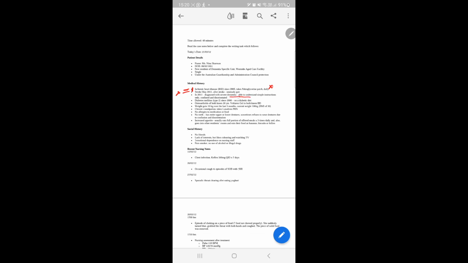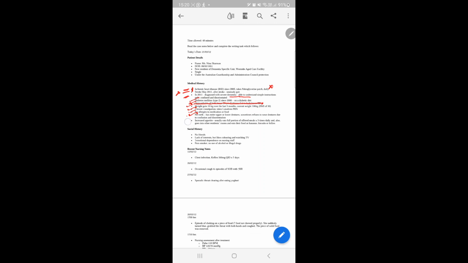Diagnosed with severe dementia, not relevant. Diabetes mellitus, yes. Osteoarthritis, not important; diabetes, important. Weight gain, yes. Chronic constipation, yes. Allergies, okay, this is also important.